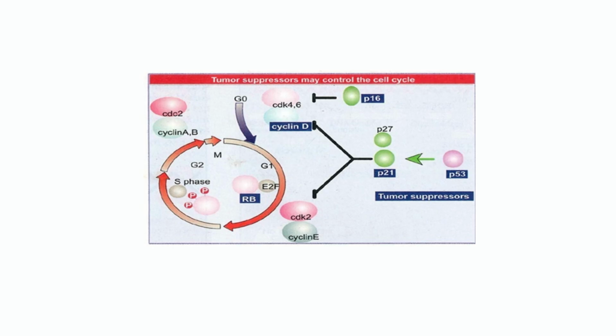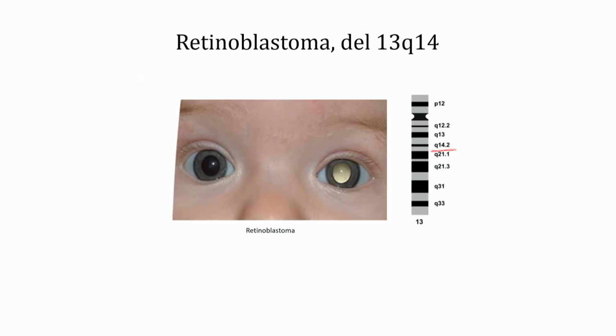But suppose homozygous deletion of this is there, so this protein is not formed at all. The result is the cell cycle cannot stop. The cell cycle will continue, and that leads to cancer. Once again, I'll go back to this picture.